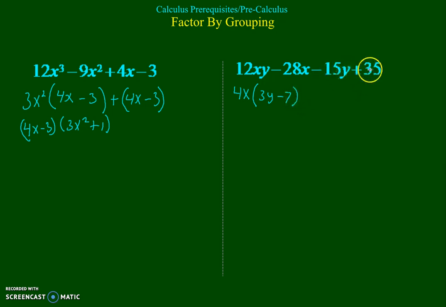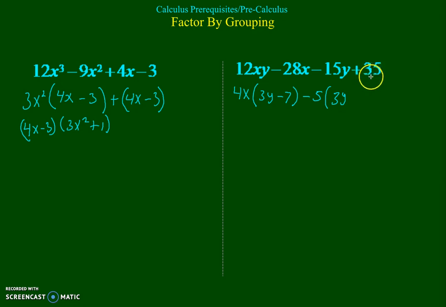Now let's take a look at these two terms. We clearly have a common 5 inside here. So what I'm going to do is pull out a negative 5 because that negative sign is going to cause us problems. So I'm going to pull out a negative 5, and when we take negative 15y divided by negative 5, we get 3y.